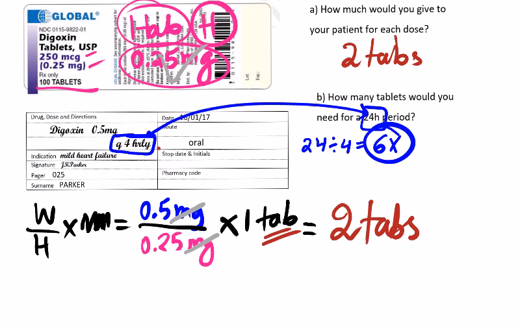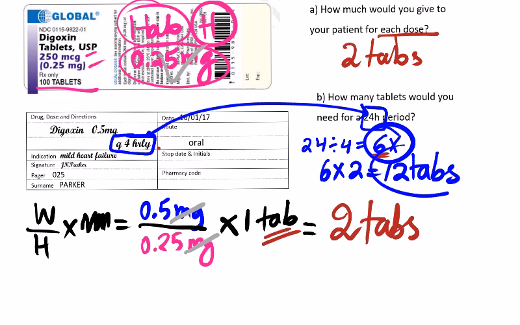Well, if we are giving 2 tablets in each dose, and we're going to get 6 of those, all we need to do here now is multiply 6 by 2 and get 12 tablets. So 12 tablets in a 24-hour period.